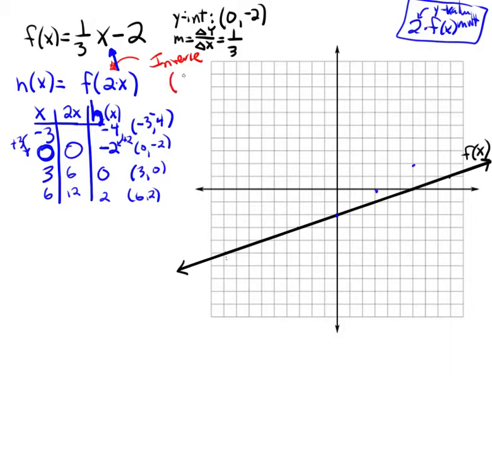So it's a shrinkage of our x values by a multiplier of 1/2. So the inverse of times 2 is times 1/2. So now that I have my slope of my points, I can go up 2 to the right 3, up 2 to the right 3, and get more points that are on my graph.